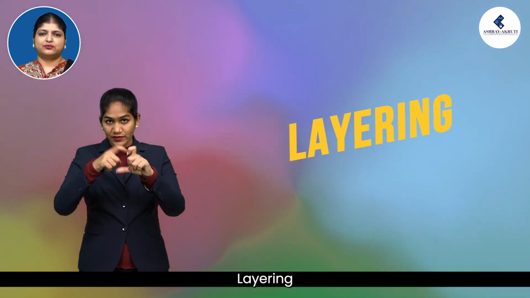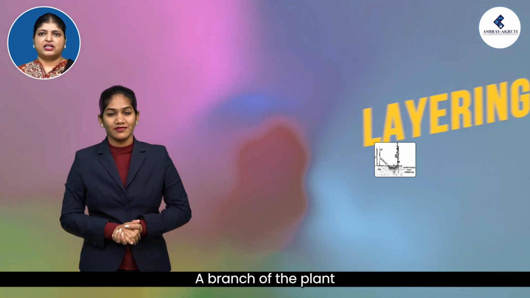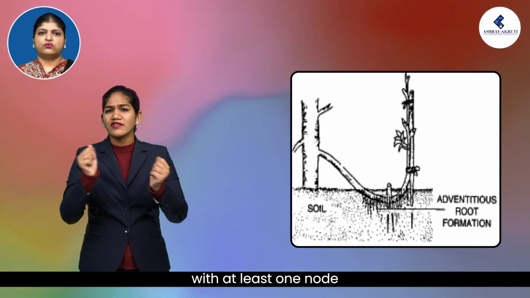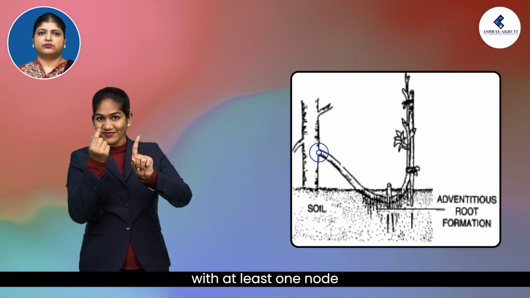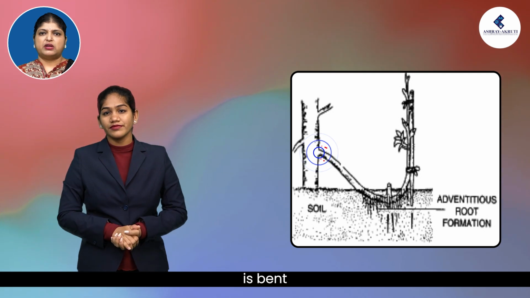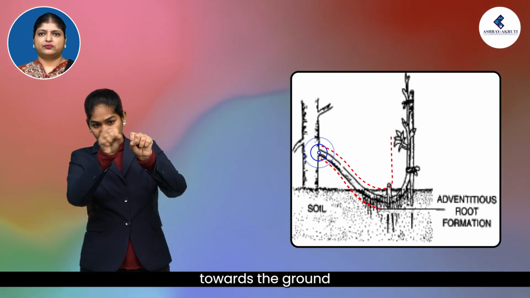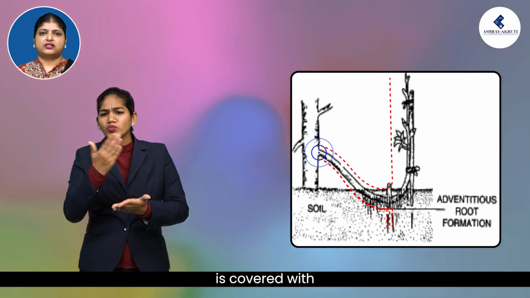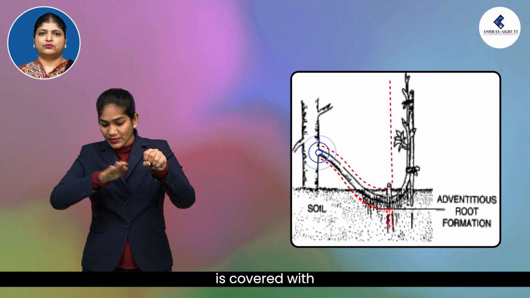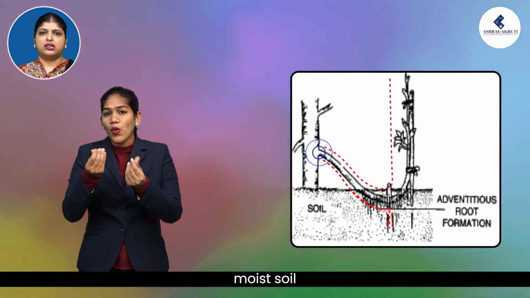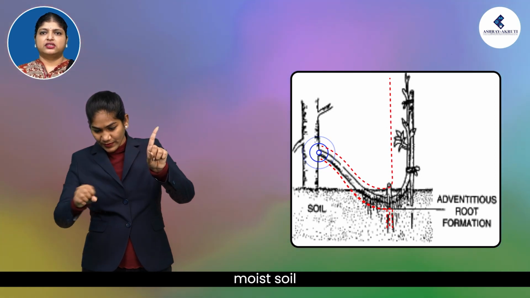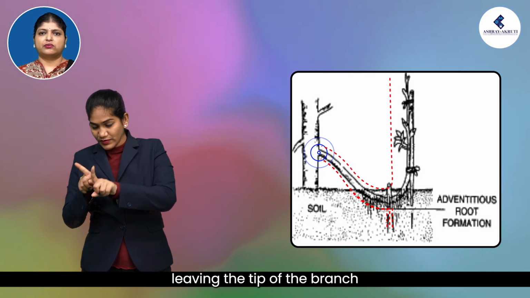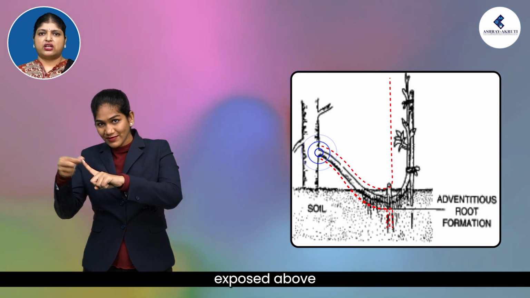Layering. A branch of the plant with at least one node is bent towards the ground and a part of it is covered with moist soil, leaving the tip of the branch exposed above the ground.